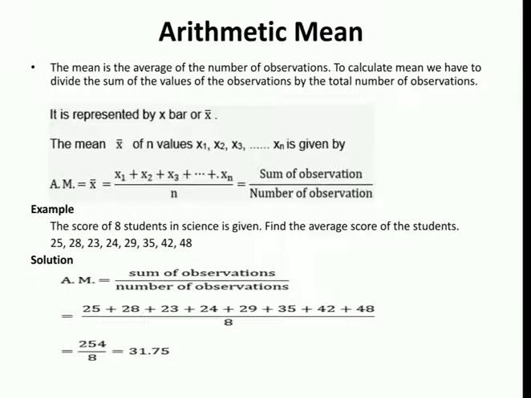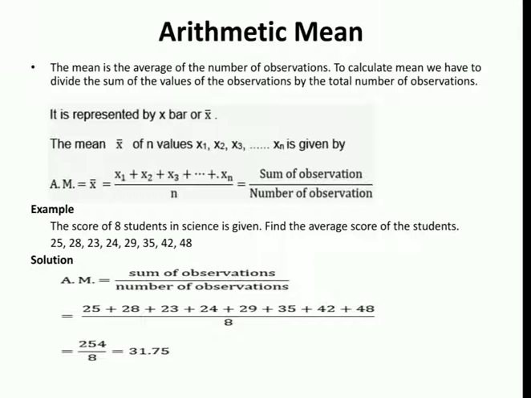It is represented as x bar. Arithmetic mean is equal to sum of observations upon number of observations. Here, mean is represented as x bar.